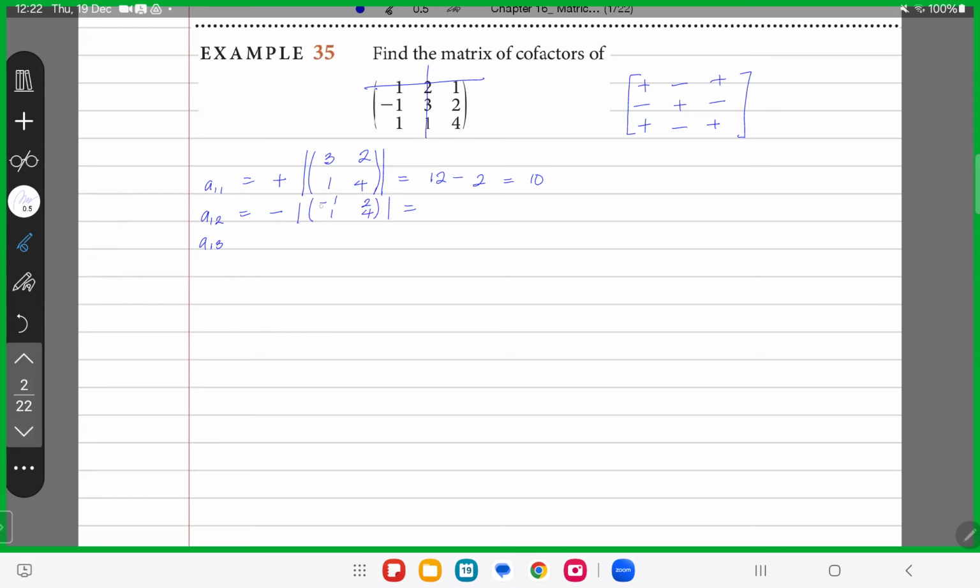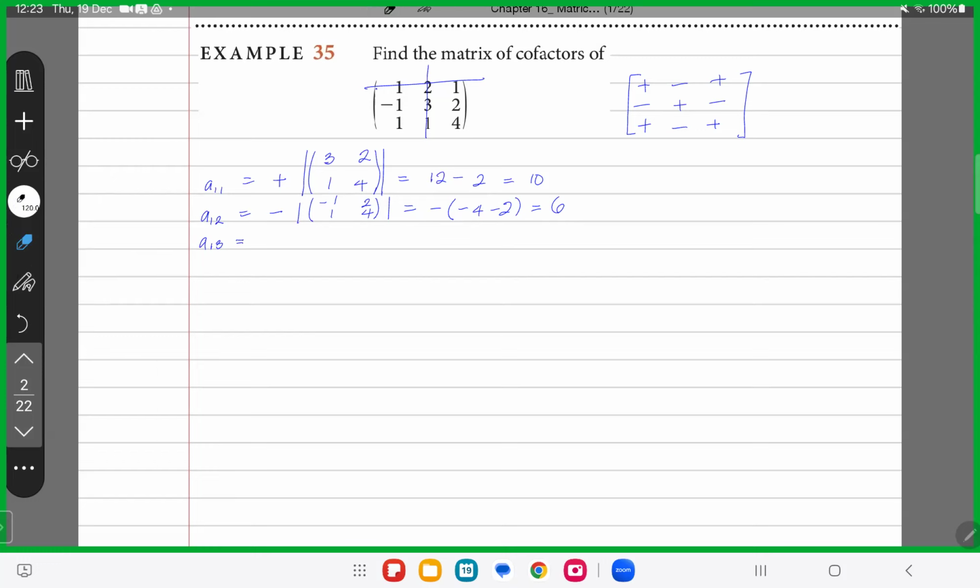This is -1, so this is minus. -1 times 4 is -4. -2 times 1 is 2. This is -6 inside the bracket, and negative times a negative is +6.